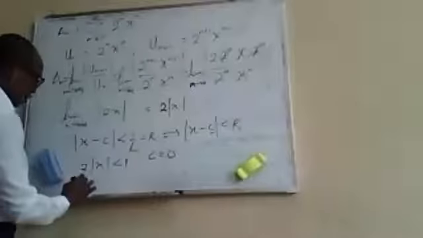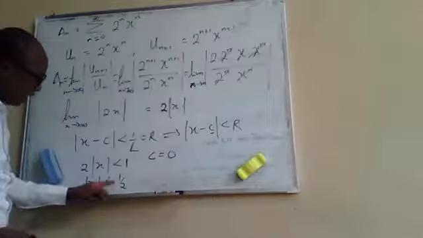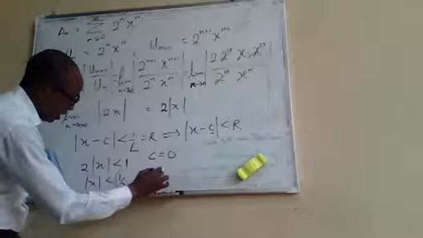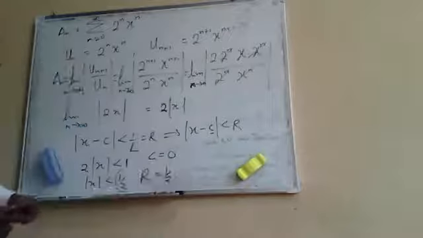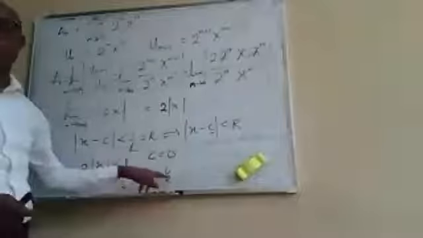So this becomes the absolute value of s less than 1 over 2. So your radius is 1 over 2. This is convergence because what we obtain is less than 1, as defined from the definition for series. So this particular series converges, and the radius of convergence is 1 over 2.